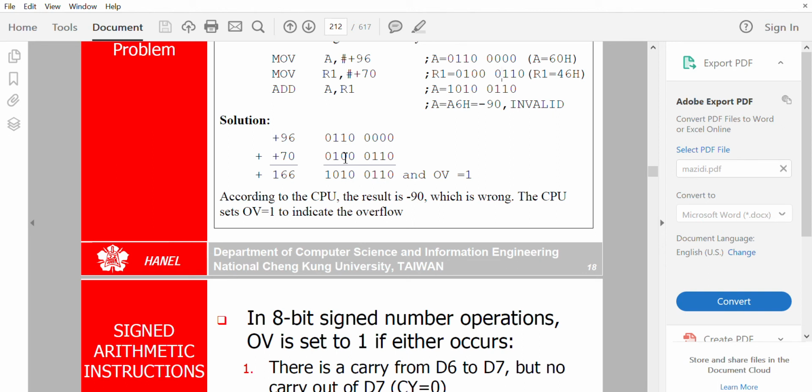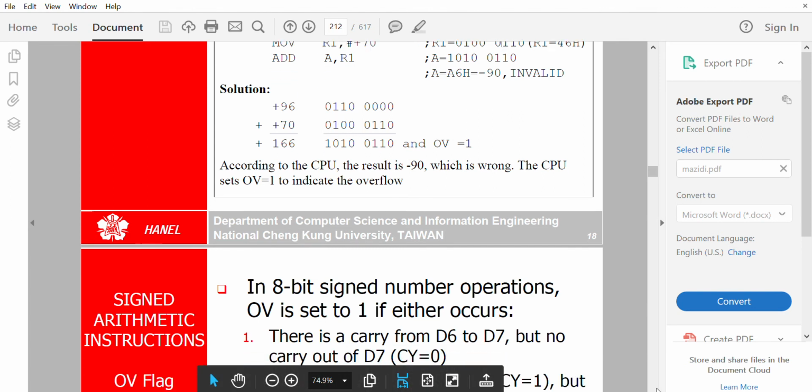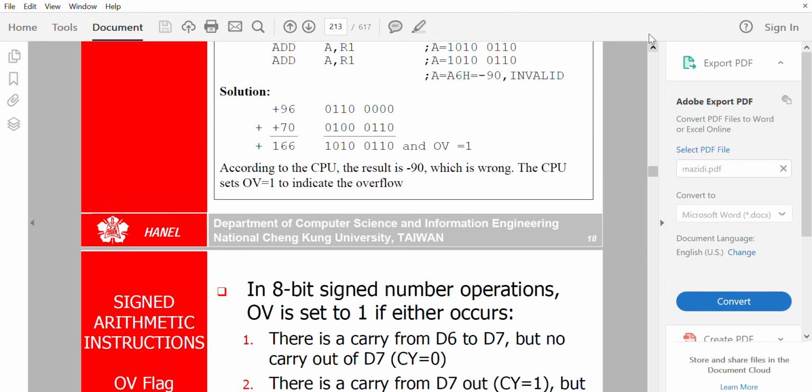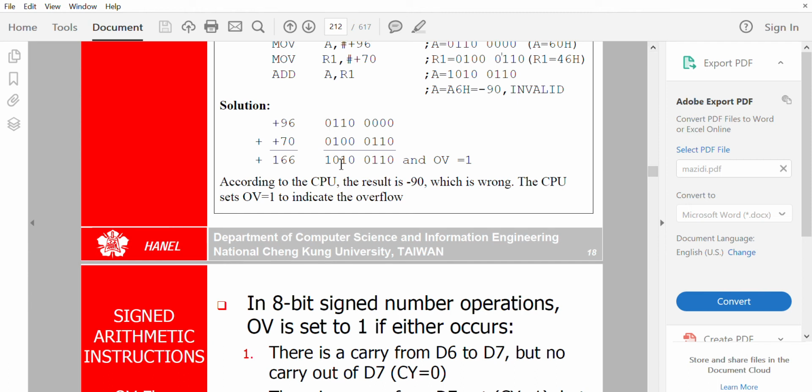So if there is a carry from D6 to D7, but no carry out of D7, that is final carry out is 0. So D6 to D7 there is a carry out, but from D7 there is no carry out, then an overflow occurs.